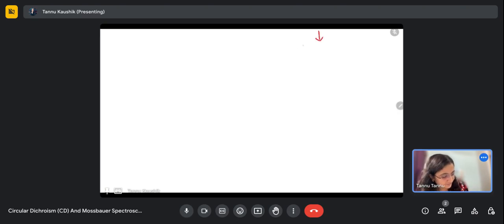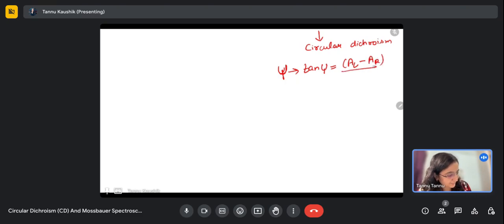And this psi, that is the difference in absorption, will be defined by tangent psi equal to the difference in absorbance of left hand circularly polarized light and right hand circularly polarized light.